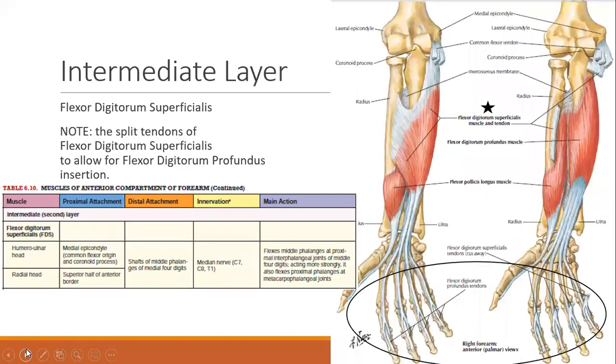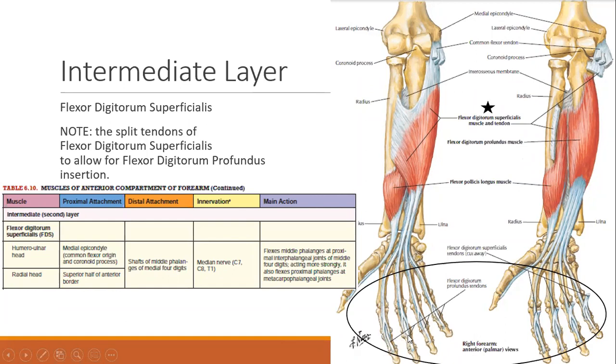So our intermediate layer, remember it's only one muscle, and it's your flexor digitorum superficialis. So you're flexing your digits, and it's the superficialis, because you can see here it's coming in, and when the tendons are inserting, they actually split in half to insert on the middle phalanges.